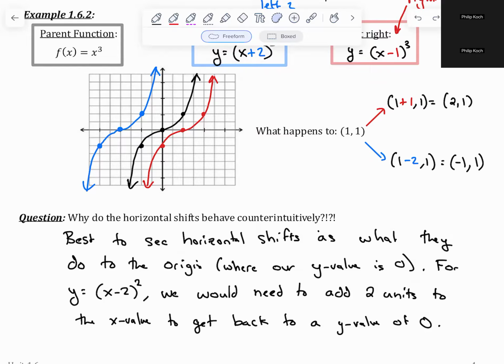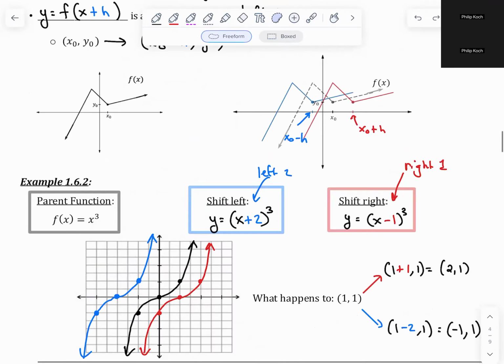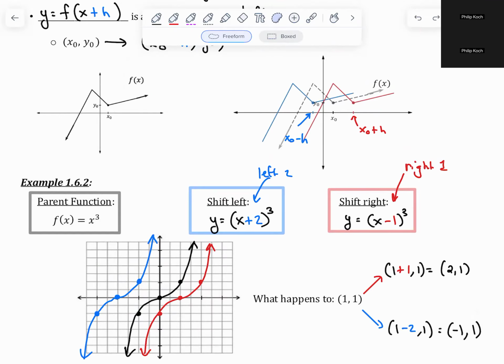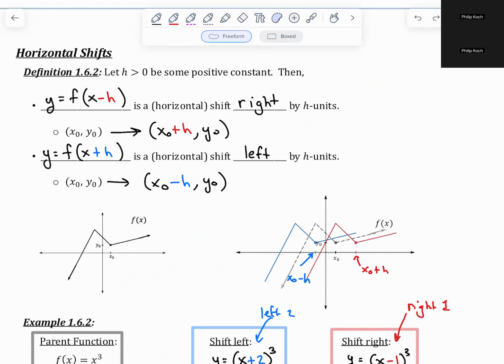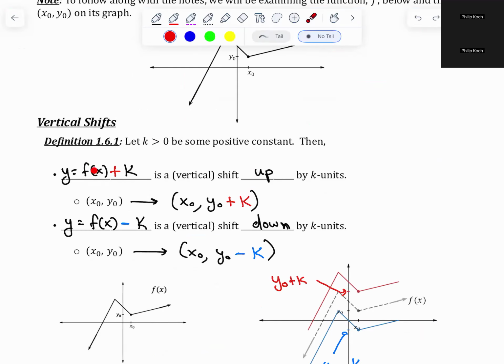Yes. Apply for horizontal, because in essence, it has to do with when you're applying the number. So here we're applying the adding or subtracting before we compute the function. In the first example with vertical shifts, we compute what f of x is, then add k. We compute f of x and then subtract k.